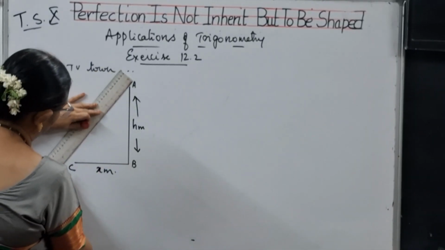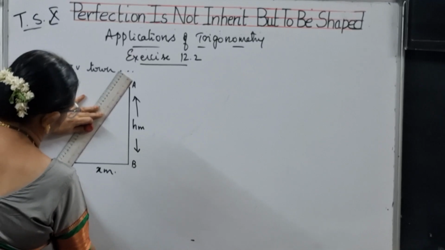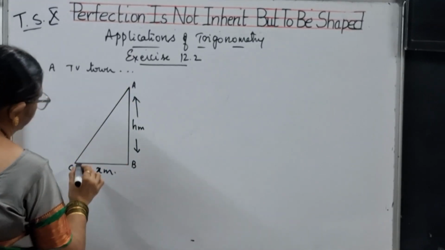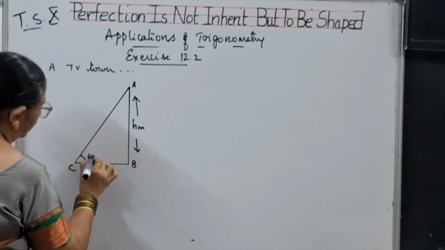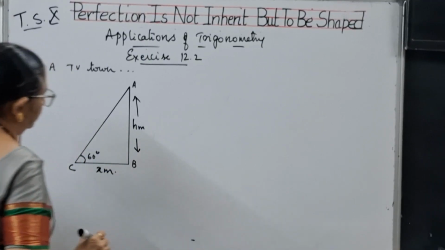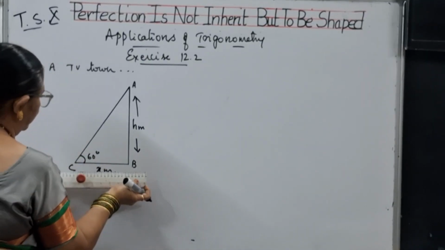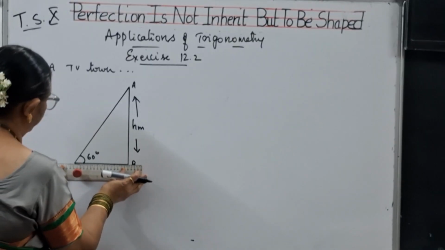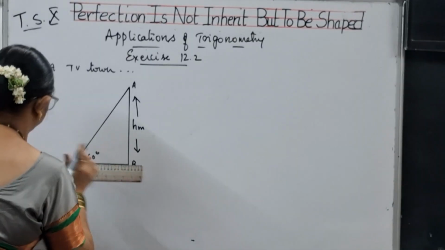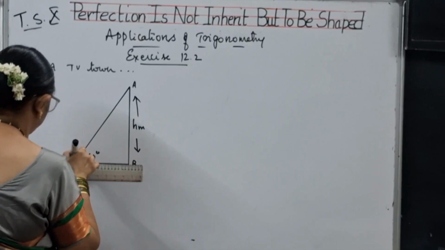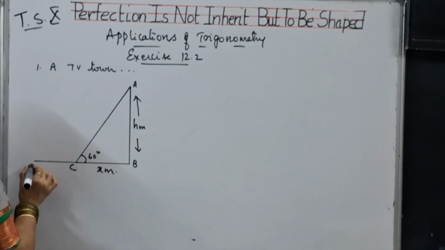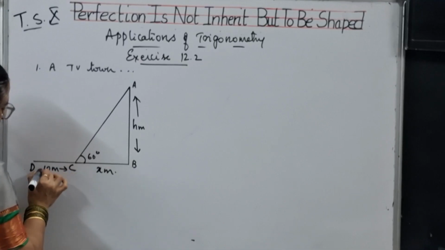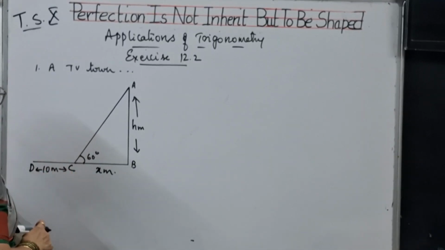But here the angle of elevation at C is nothing but 60 degrees. But what happened? This person has traveled 10 meters away from his position. Means D, this distance is 10 meters. 10 meters back he has gone.